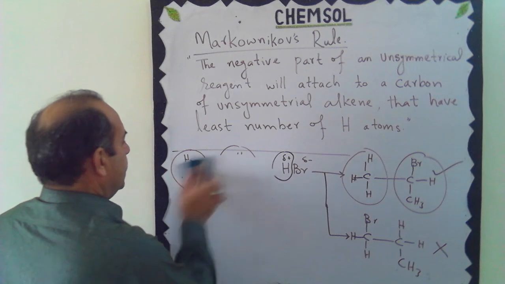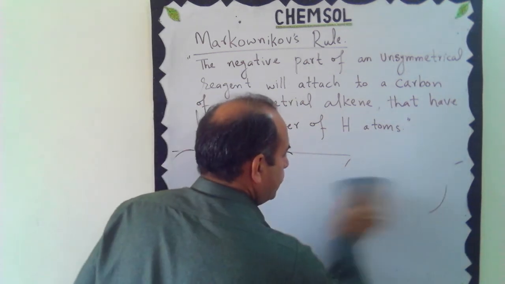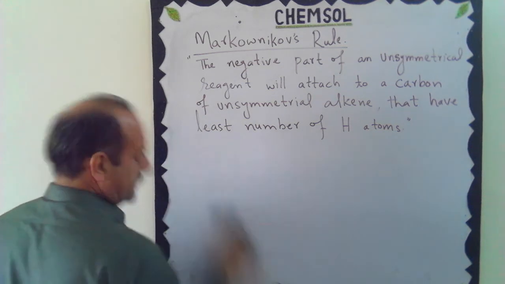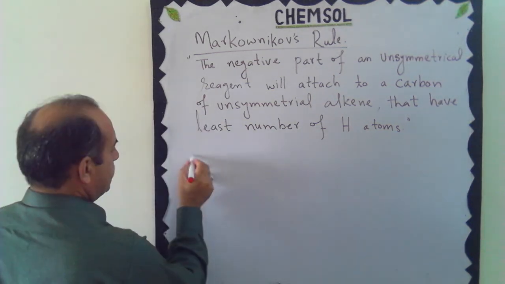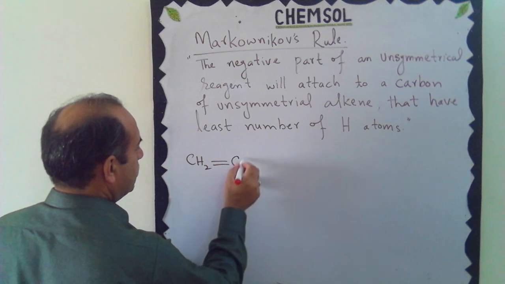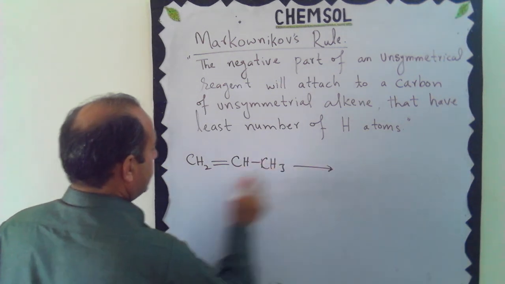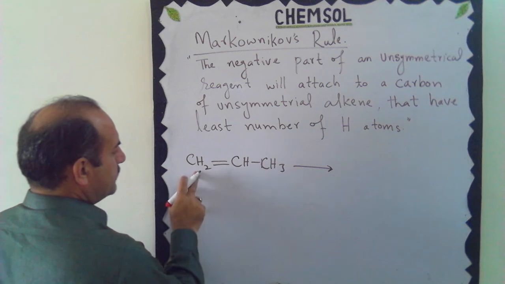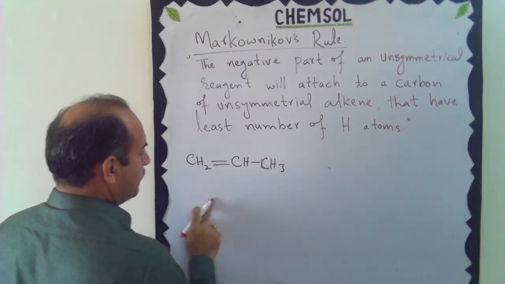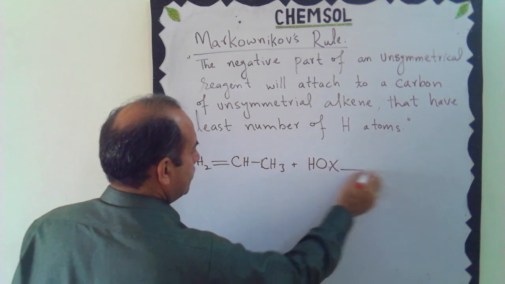You have seen an example where we react a hydrohalous acid with an unsymmetrical alkene. For example, let's see. This is an alkene like this one. Here there are two hydrogen atoms, and similarly with this carbon there is only one hydrogen atom, and we react with HOX.